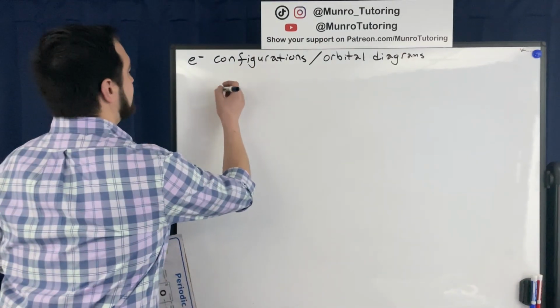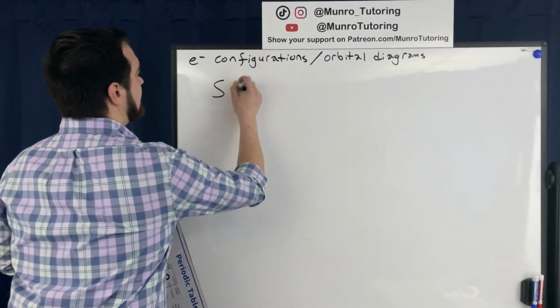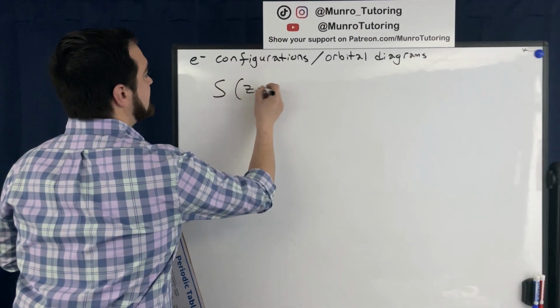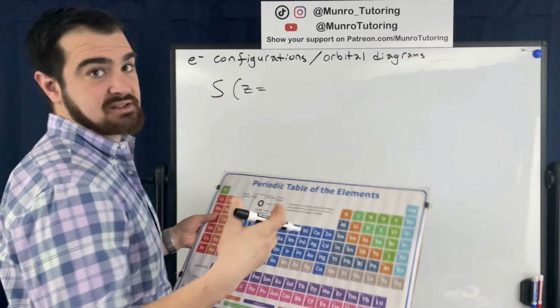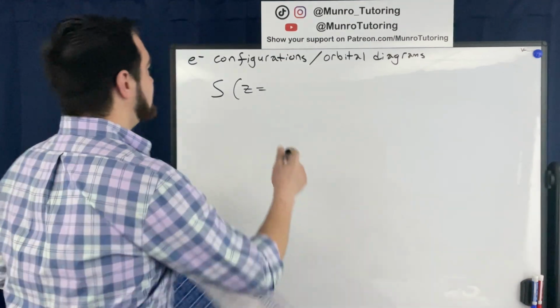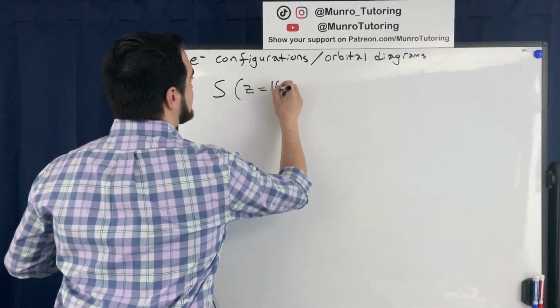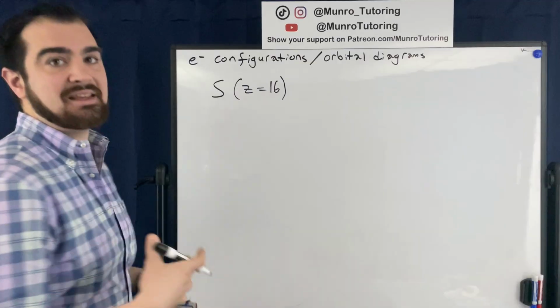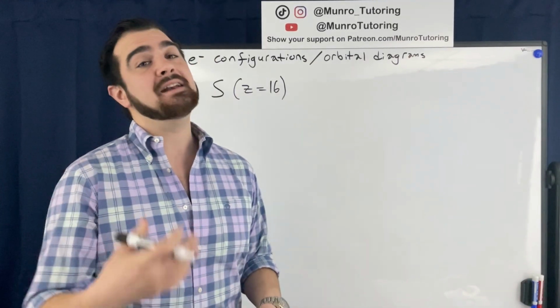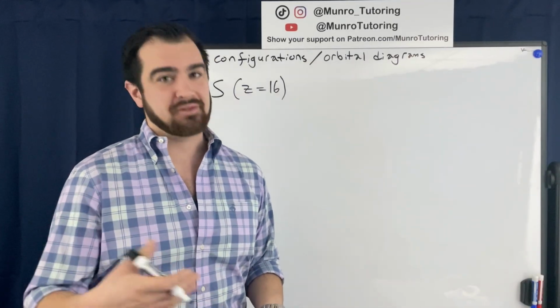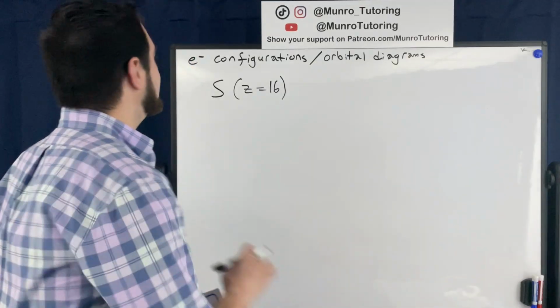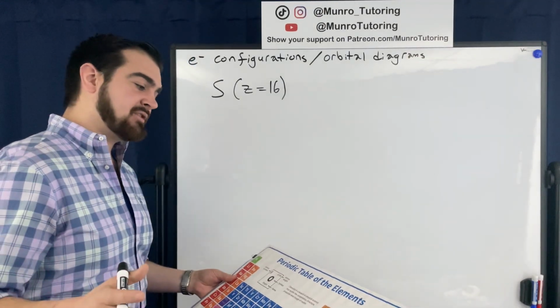So if we look at sulfur, I'm going to use this notation here. Z is equal to, so the Z is the atomic number, right? And it's 16. And remember that Z, being the atomic number, is equal to the number of protons. And if it's neutral, that's also the number of electrons, okay?